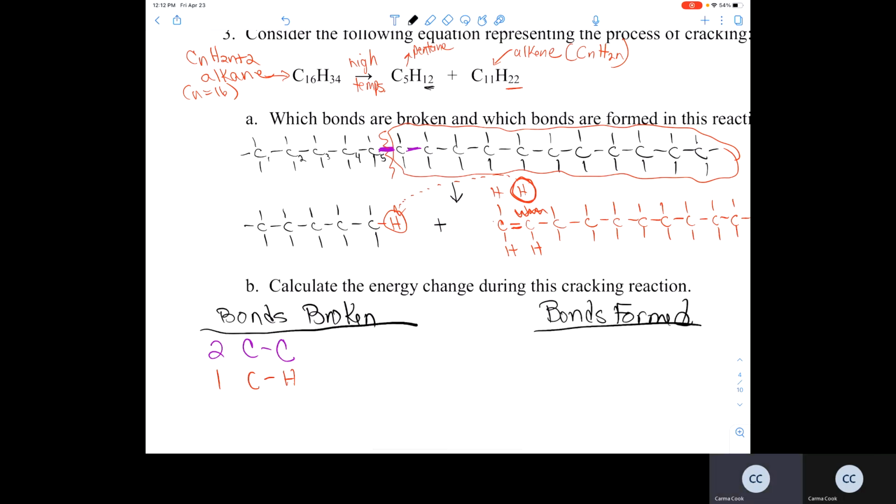We know we formed one C=C double bond in our 11-carbon piece. And then we also formed a new C-H bond over here in our 5-carbon piece.